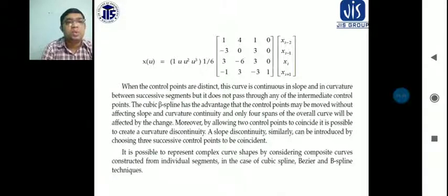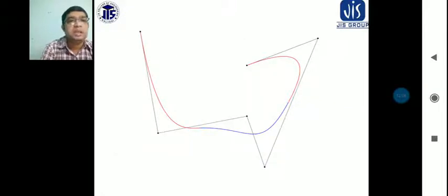In the case of cubic splines, the Bezier and B-spline techniques are used. You can see the curve here, and one will be considered according to B-splines and also the Bezier curve.